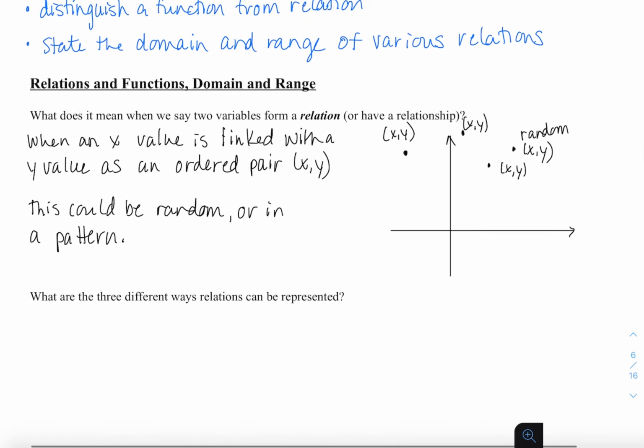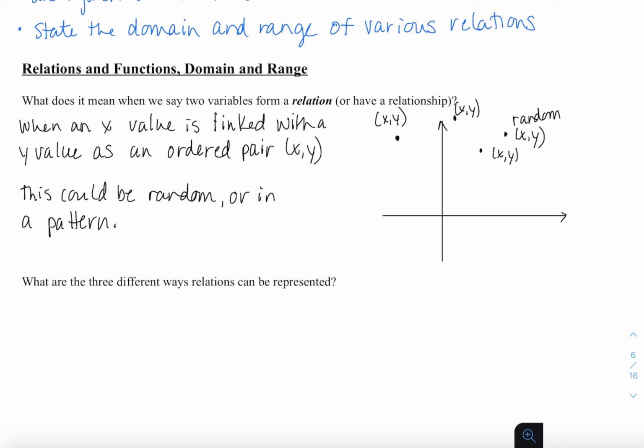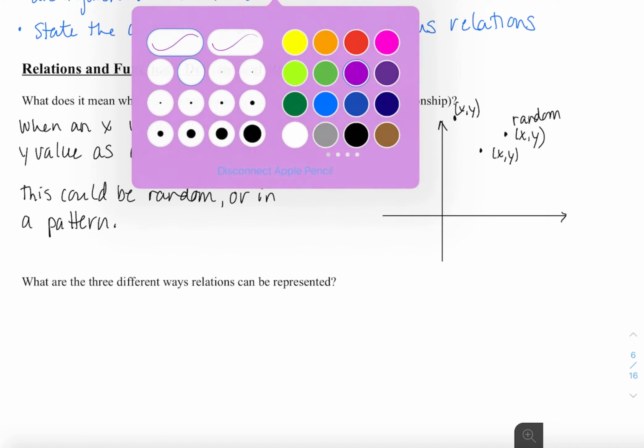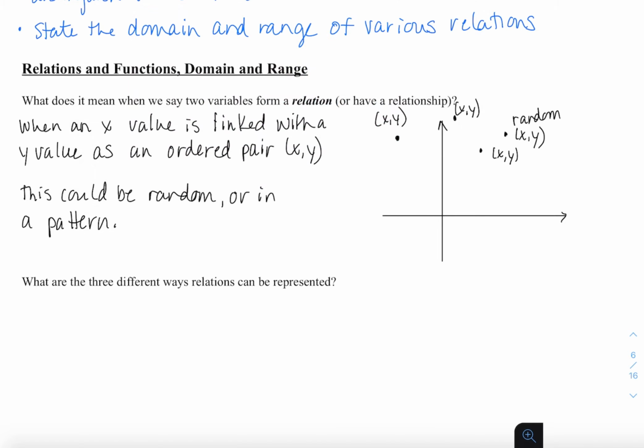We've already learned a couple of ways to associate x and y values together in a pattern. So, for example, if I gave you this equation, and I asked you to plot all the x, y values that obeyed this equation, you would draw something like this.